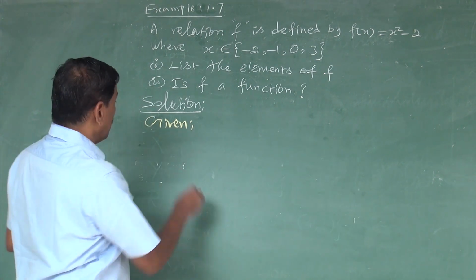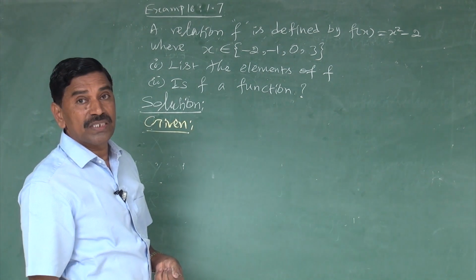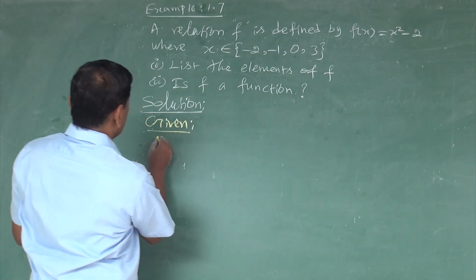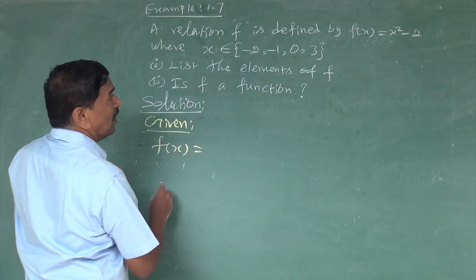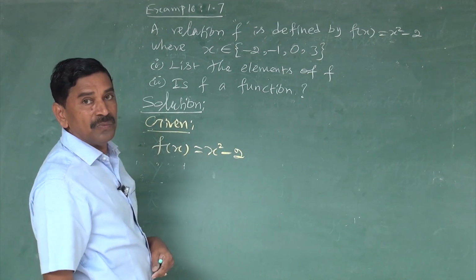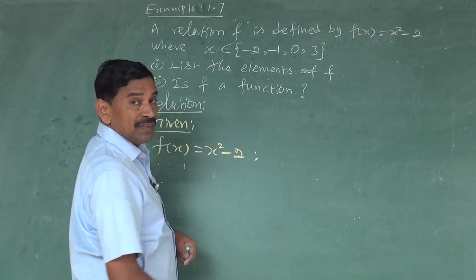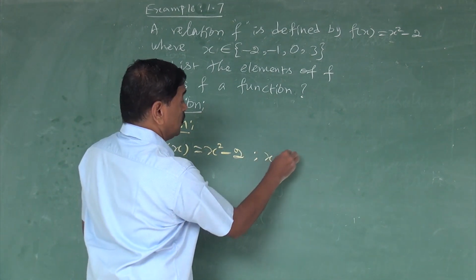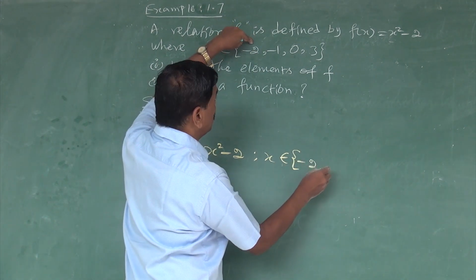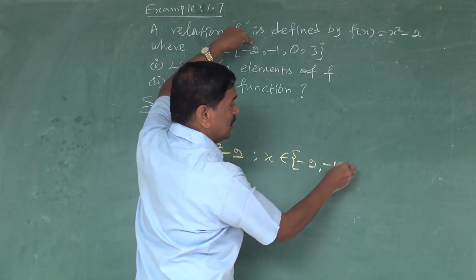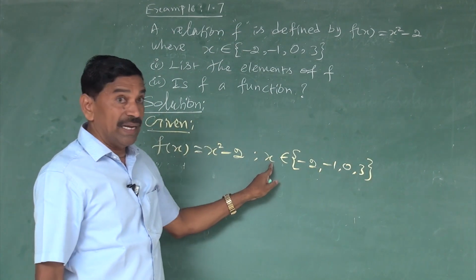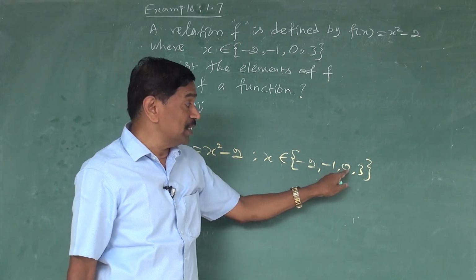Okay, anyone? What are the given data? Yes, given data, f of x is given. f of x equal to x square minus 2, such that x belongs to, x can take the values minus 2 comma minus 1 comma 0 comma 3.